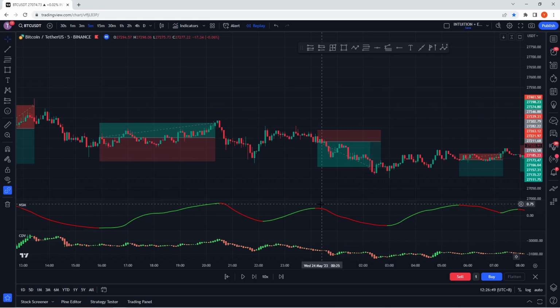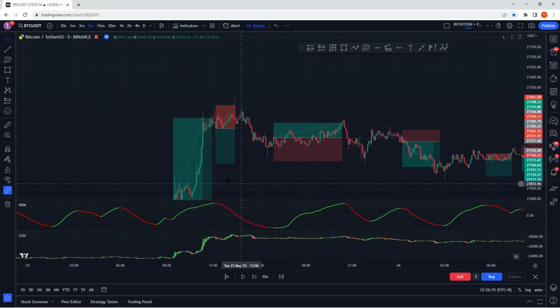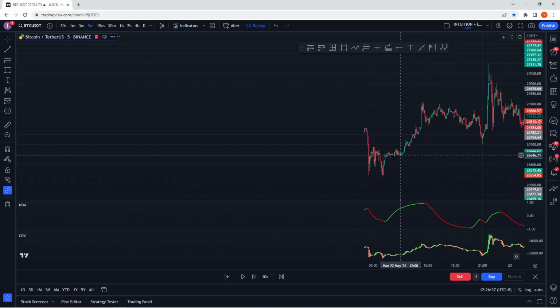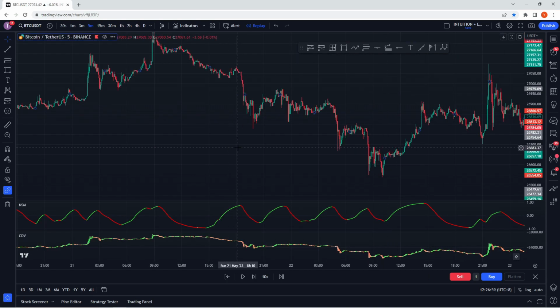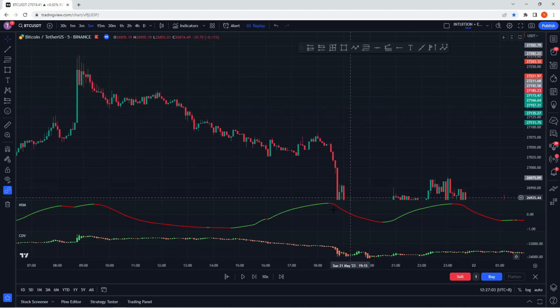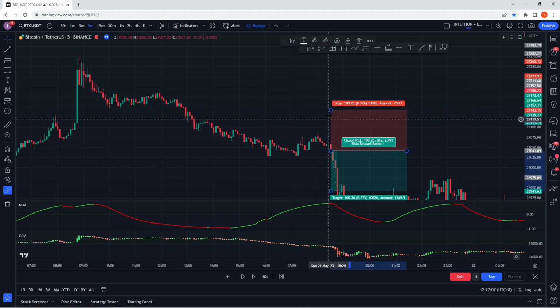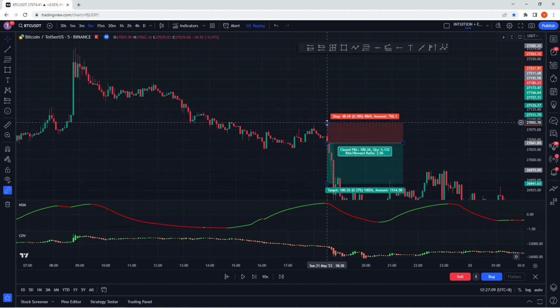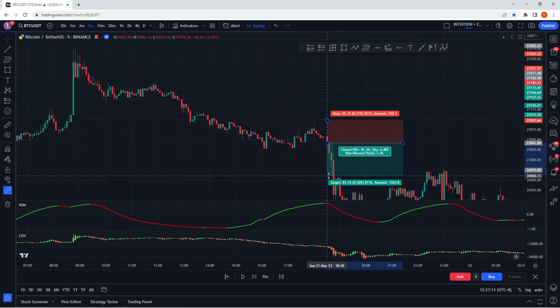So personally, I like when the MACD changes, that is the better exit strategy rather than the fixed 1.5:1, because more oftentimes than not, you'll be able to catch these big moves to the downside. Let's say right here it turns from green to red, you enter a short position right there, stop loss right there, and you have a 1.5:1.